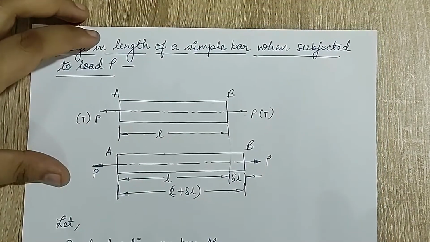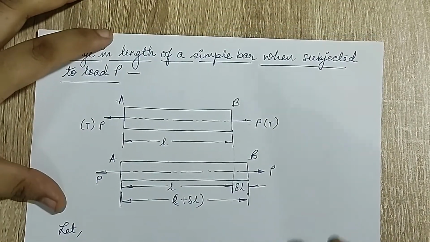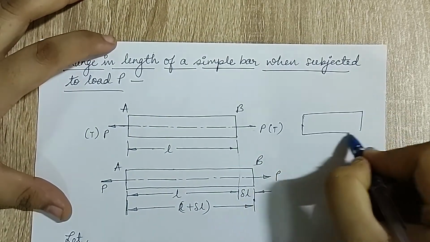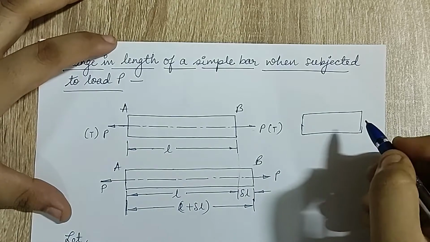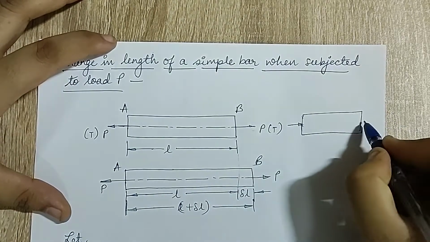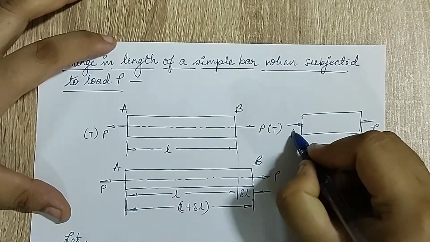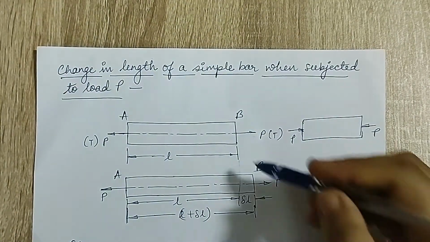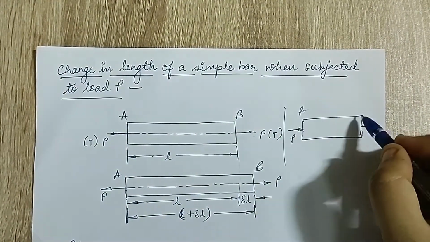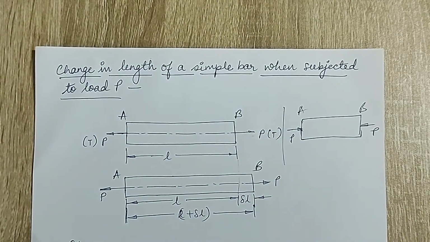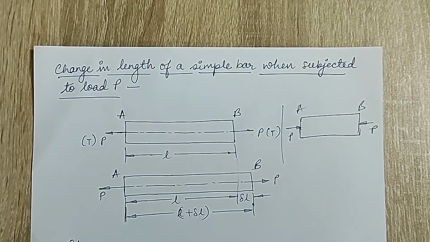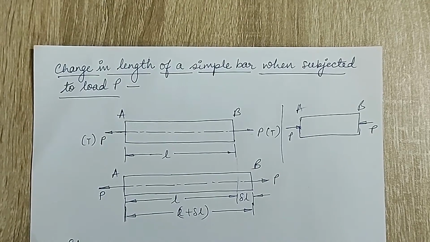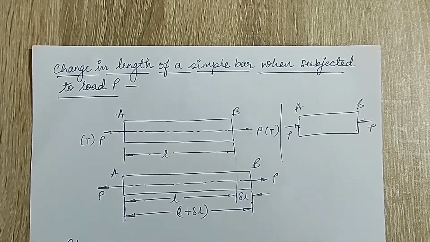Now this is a diagram which you see. So in this diagram, if I have to change, it would be something like this. So this is the load of compressive type on the same bar AB. So in that case again you can use the same formula of delta L for tensile or compressive type of loading.